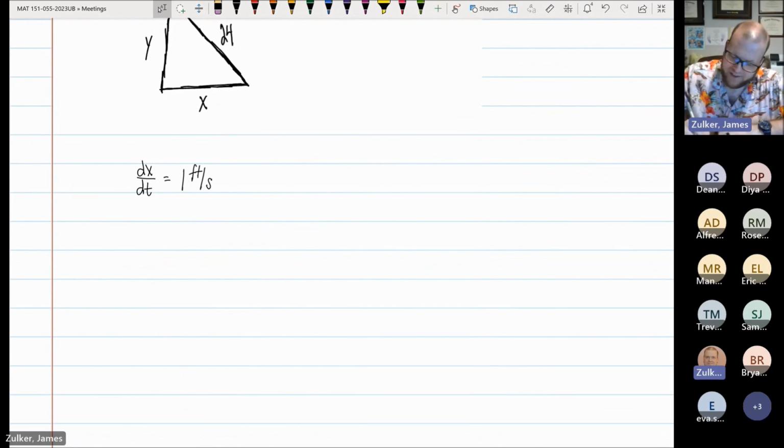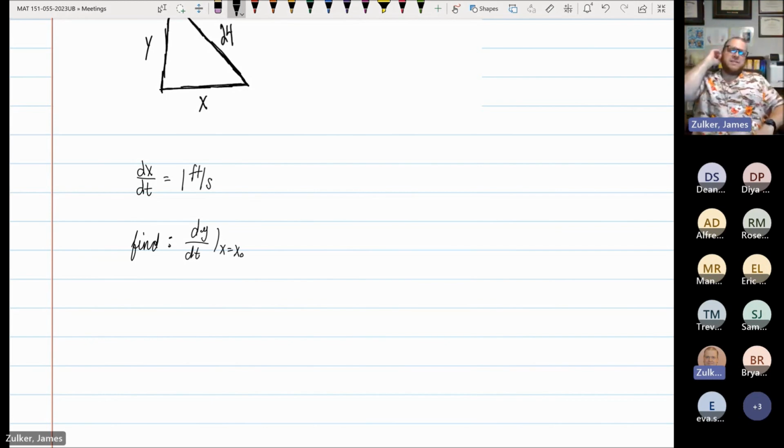Right, and then what do we want to find? We're going to find dy/dt when x is located, or when the ladder is located some distance away from the house. The base of the ladder is some distance from the house.